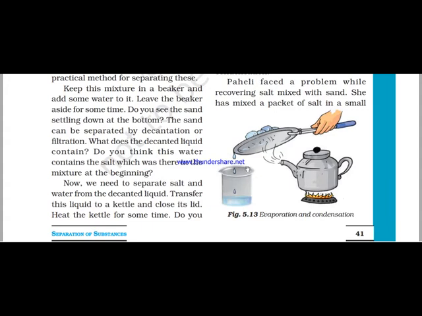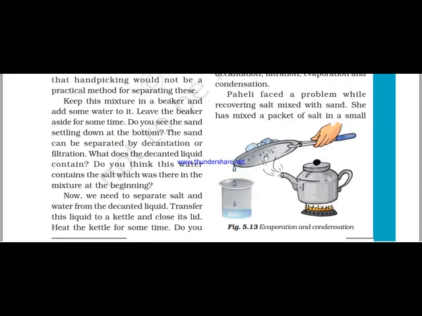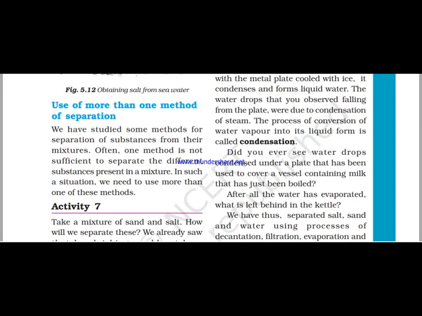Okay, so this method is known as condensation. Condensation is the method of conversion of water vapor into its liquid form. Okay, so condensation is just opposite of evaporation. In evaporation, water is converted into vapors, but in condensation, the water vapors are converted into liquid.